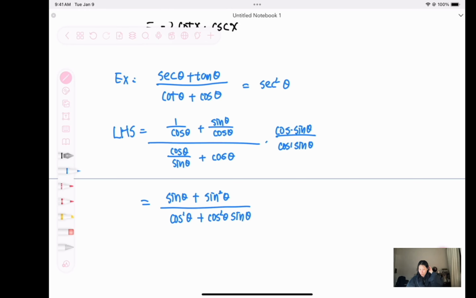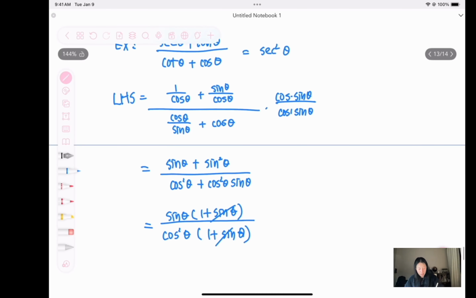Okay, so the next thing is maybe my first attempt is I will think about pulling out, factoring them, to see if I can simplify it. It is equal to sine theta times 1 plus sine, and the second one is cosine squared over 1 plus sine theta. Okay, nice. These two can cross cancel. And now I have sine theta over cosine theta.